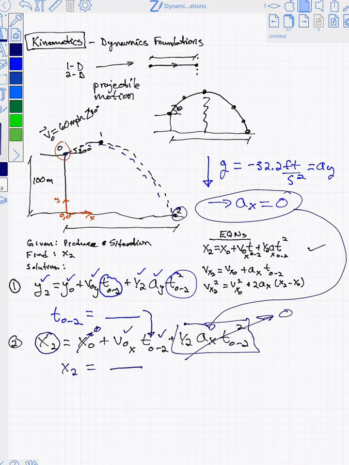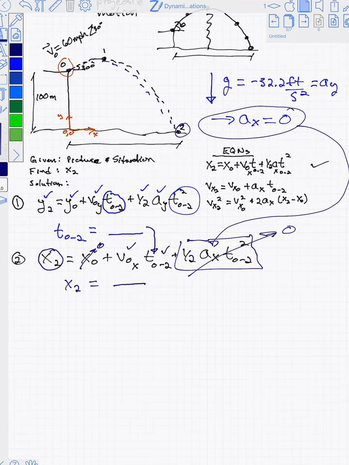First I need to do some unit conversions. I'm going to do everything in feet and seconds, and I've got 100 meters, so I need to convert meters to feet. Step 3, unit conversions.